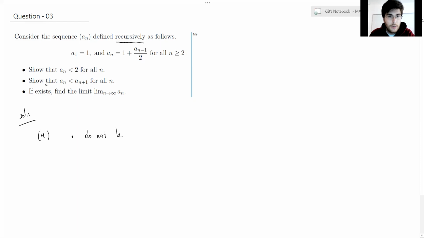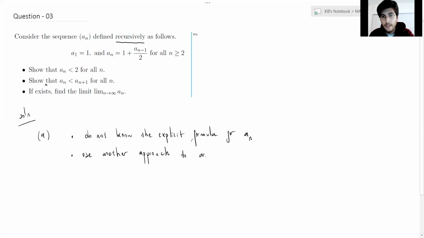We do not know the explicit formula for an, but still we use another approach to analyze the limit of an.